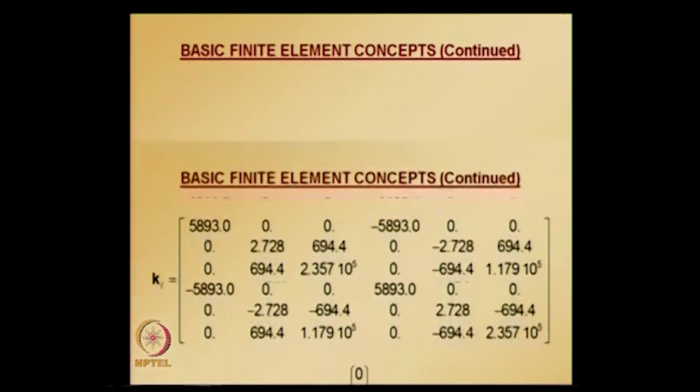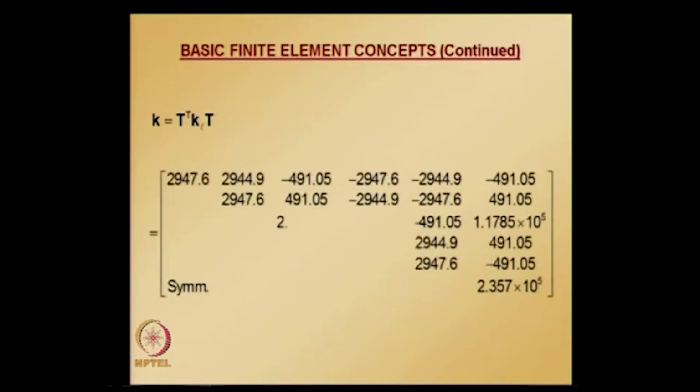The stiffness matrix for element 1 in the global coordinate system is given by T transpose KL T, and please note that this element 1 contribution goes into the locations where, at each node, you have 3 degrees of freedom.